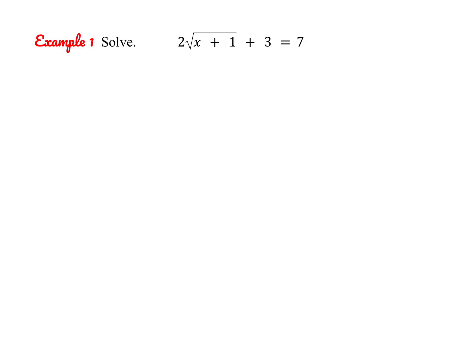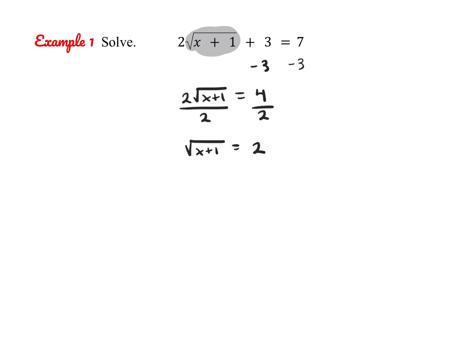All right, let's look at this first one together. Remember, our first goal is to isolate our radical, the square root term. So I'm going to start by subtracting 3 from both sides. So 2 times the square root of x plus 1 equals 4. And then I'm going to divide both sides by 2. So I have the square root of x plus 1 equals 2.